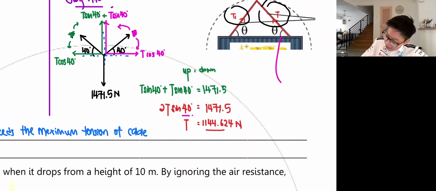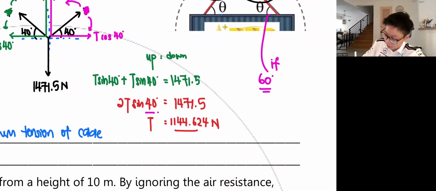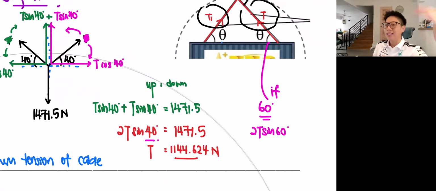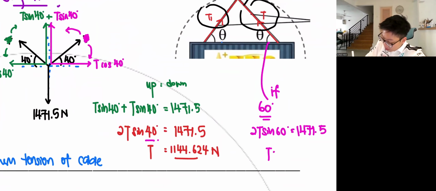If we make this angle into 60-degree, will my tension be higher or lower? So now we're gonna do this. If I use 60-degree to calculate, just imagine lah, instead of 40-degree, they change it to 60-degree, equals to 1471.5. Can you tell me what is this tension?